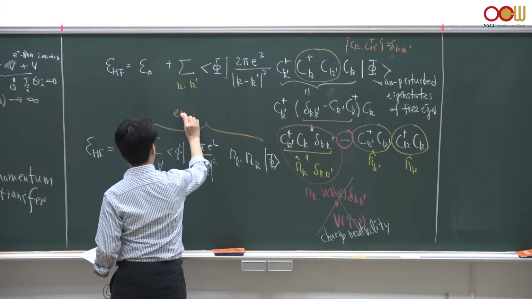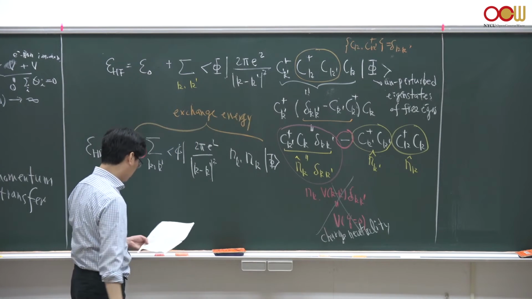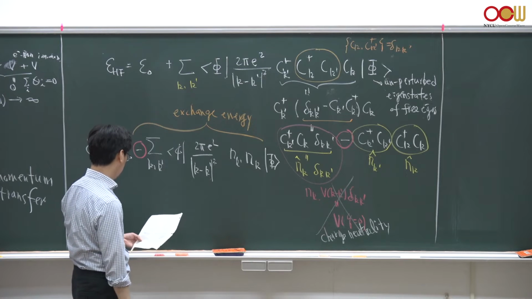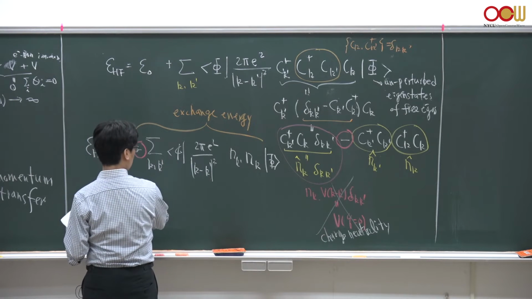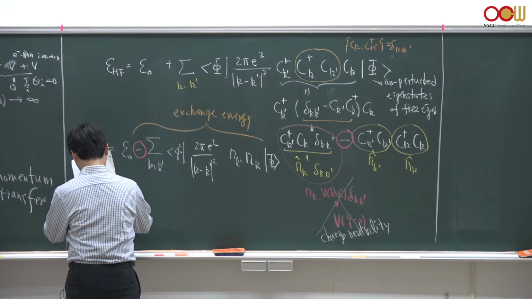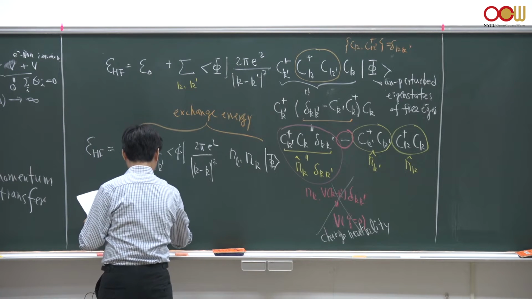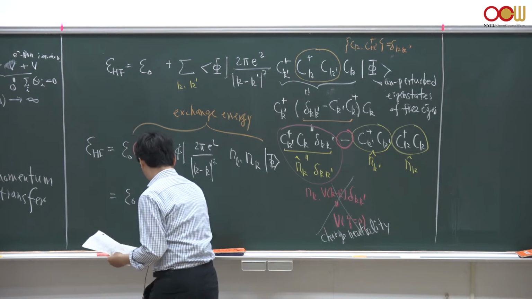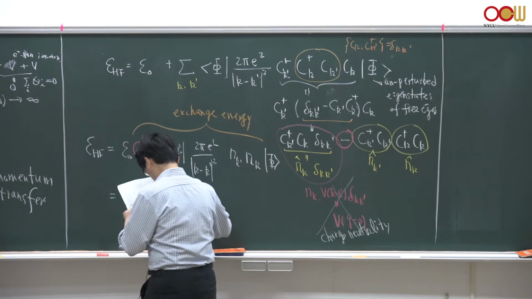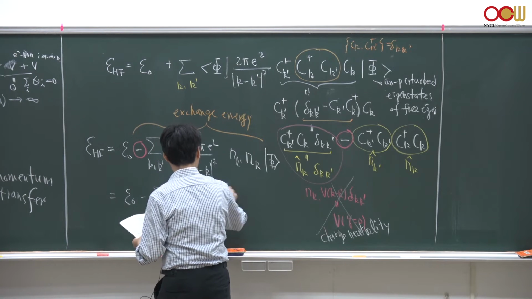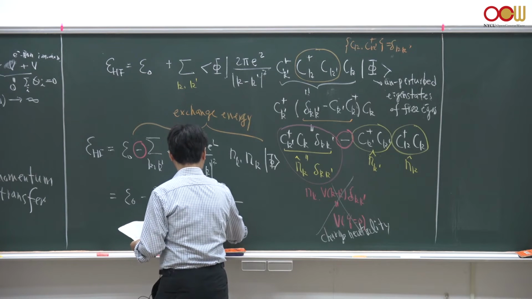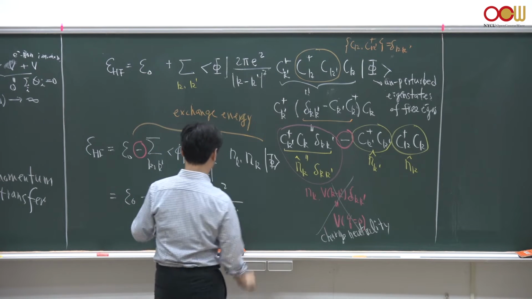This is exchange energy. And let's just further simplify this. So it is epsilon 0 minus the sum over k and k prime, which are occupied, and 2 pi e squared over k minus k prime magnitude squared.